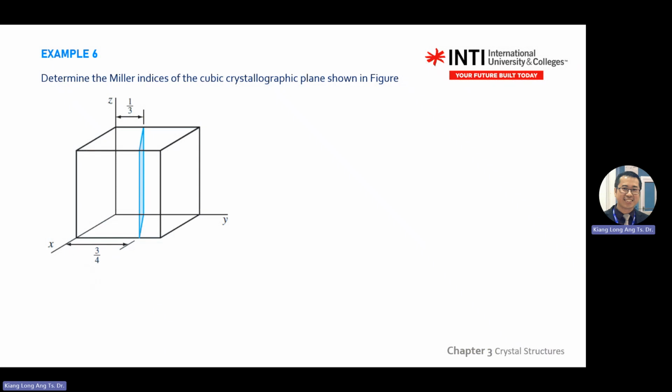Okay, example 6. I think this will be the last example for today. Determine the Miller indexes of the cubic crystallographic plane shown in the figure. Are you able to tell how the plane is tilted? First, write the coordinates, then you invert the numbers.